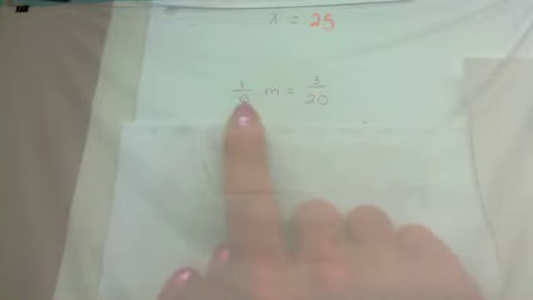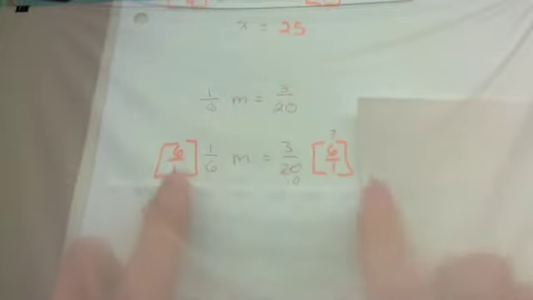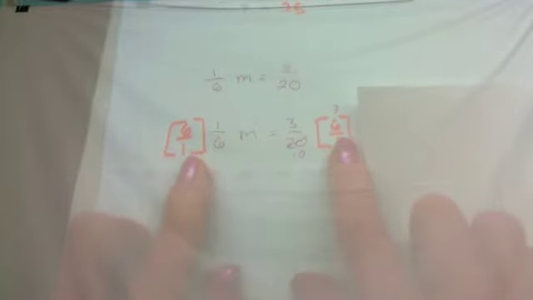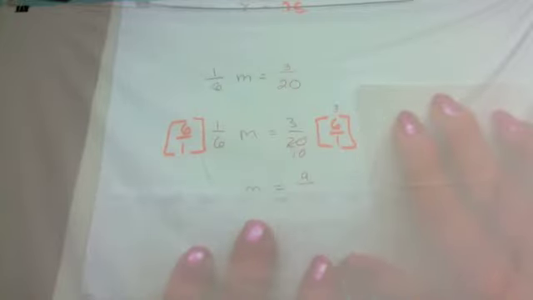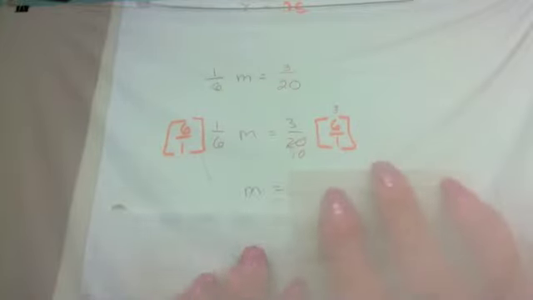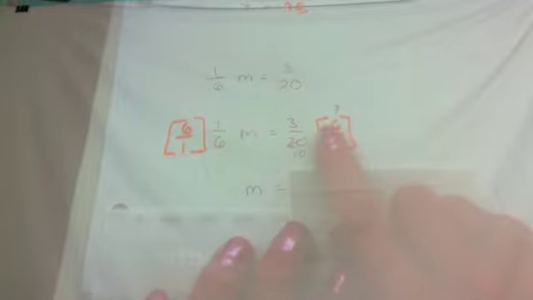All right, so we're going to see that we're going to multiply both sides by 6, or you could think of it as multiply it by 6 and divide it by 1. So multiply it by 6 over 1 on both sides. 6 cancels with 6, 1s are already 1s. I have m is equal to, well, the 20 and the 6 will simplify.